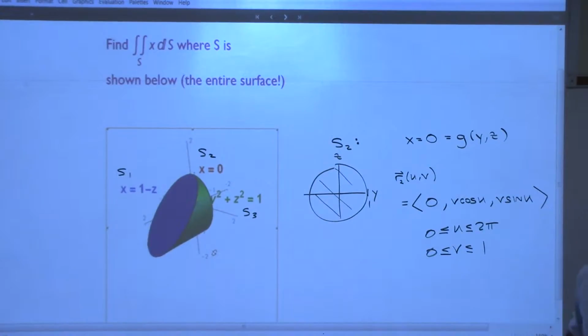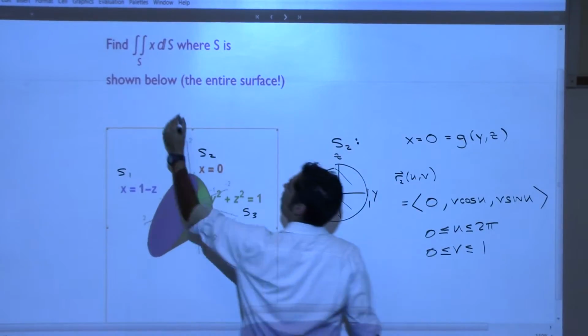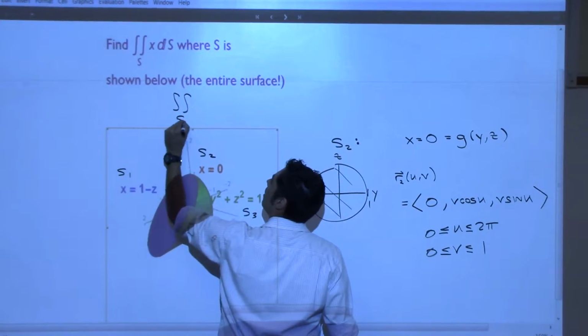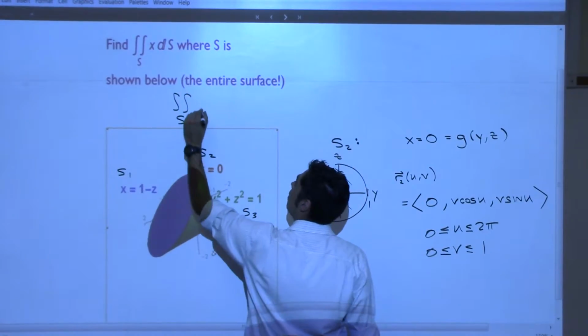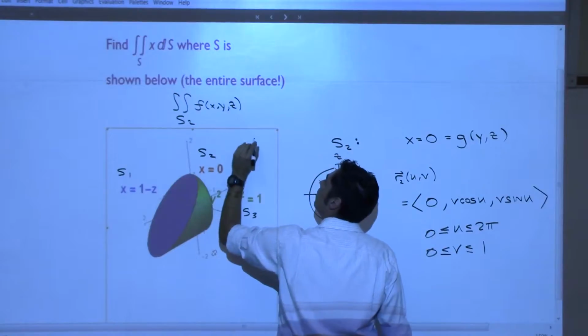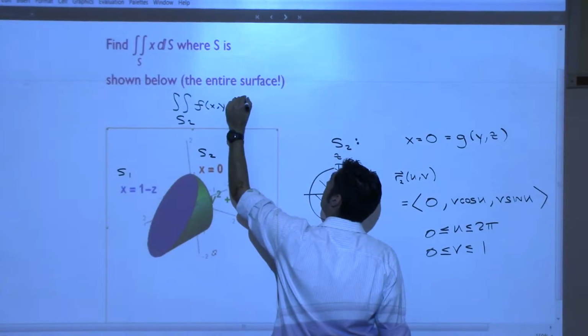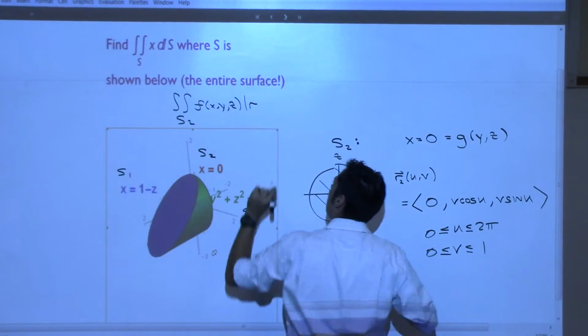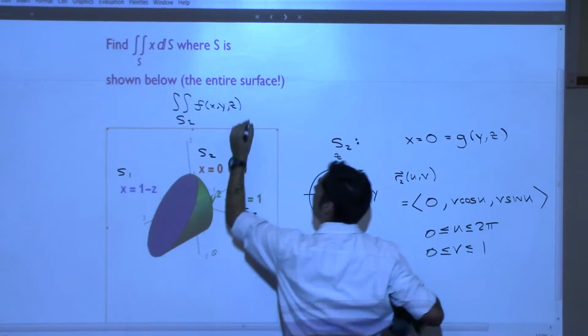Sure? If that's how simple it is, if that's our function, then what does our formula, the double integral over S2, because we're only talking S2, of f of x, y, z, magnitude, well, give me the shortcut formula.